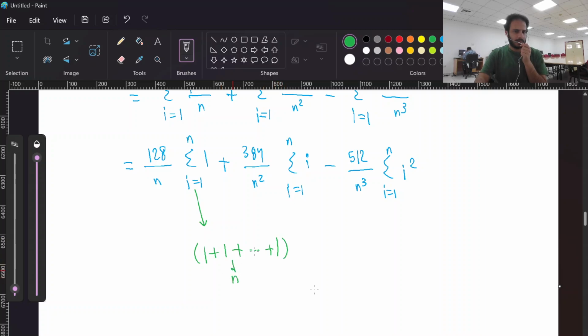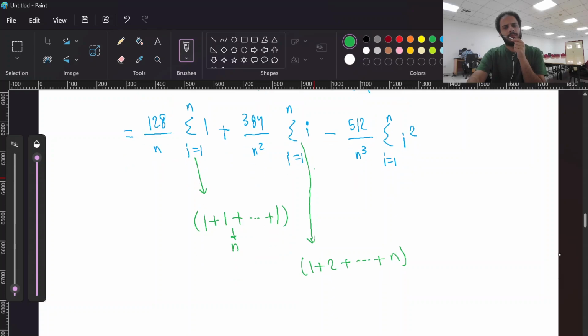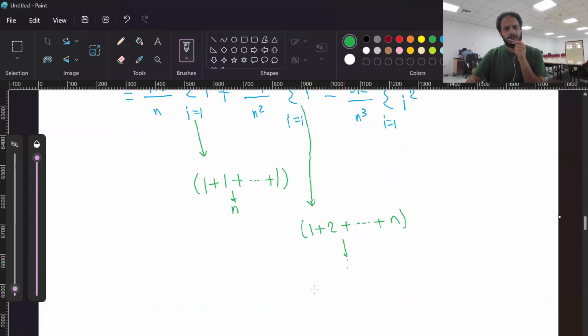The second summation is where we are adding natural numbers, positive integers: 1 plus 2 up to n. Do you know the formula for this one? It's n times n plus 1, divided by 2.